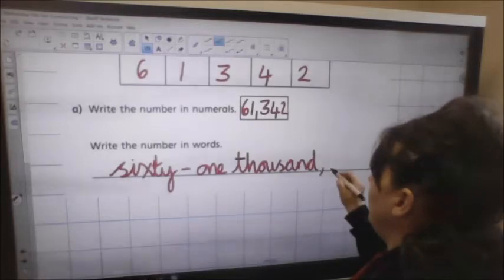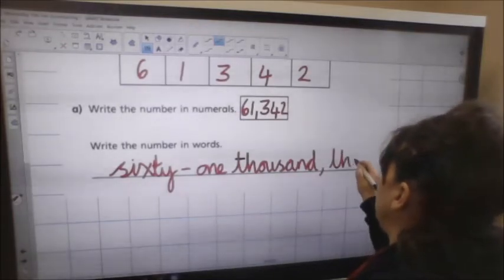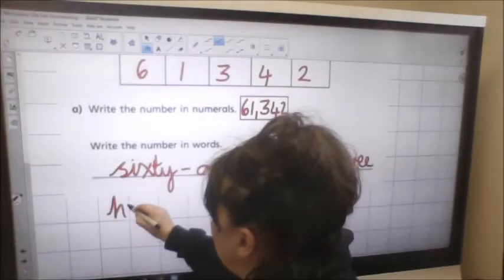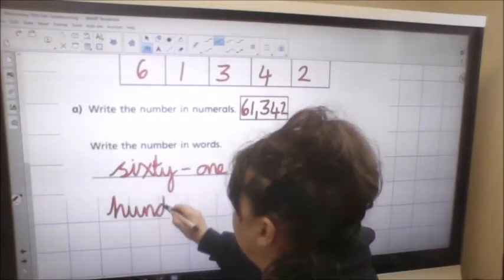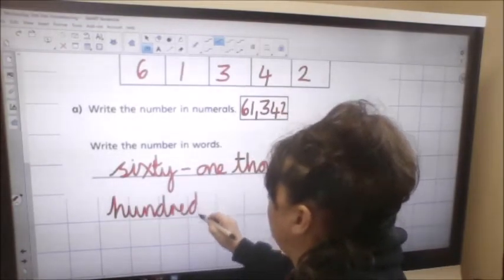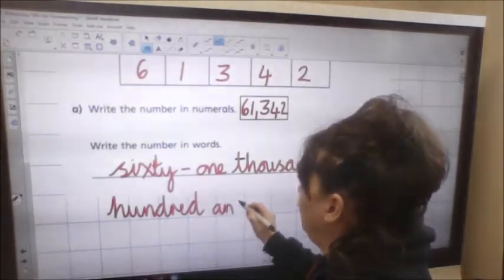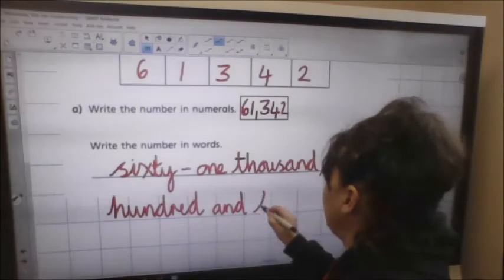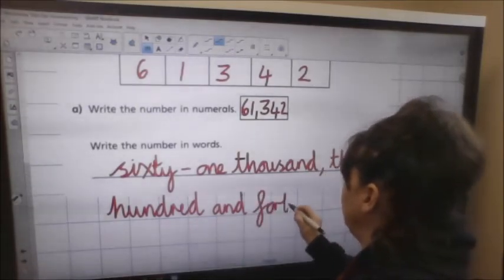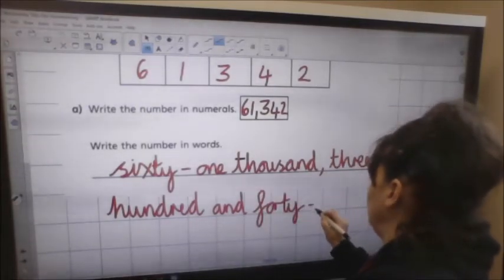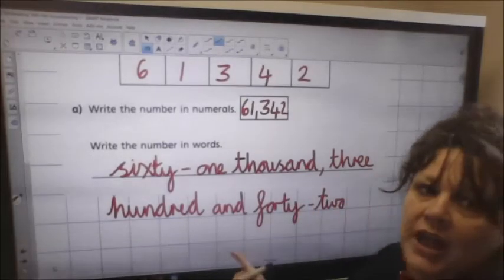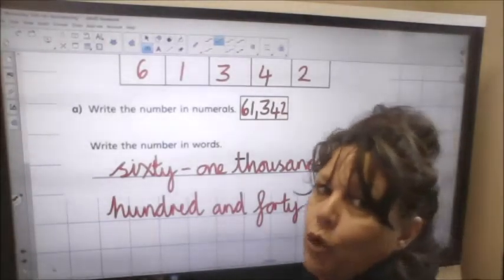Okay, comma, 300, and it's really important to have the 'and' in, 42. So that's how that number would look in words.